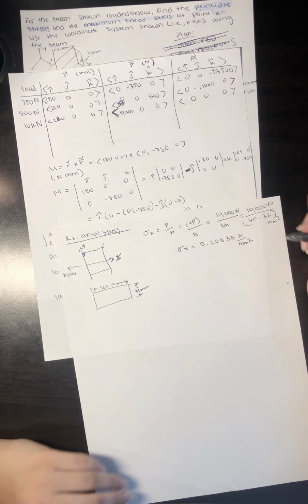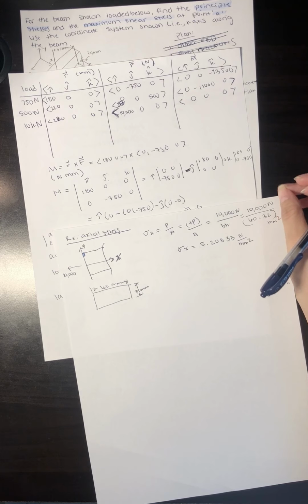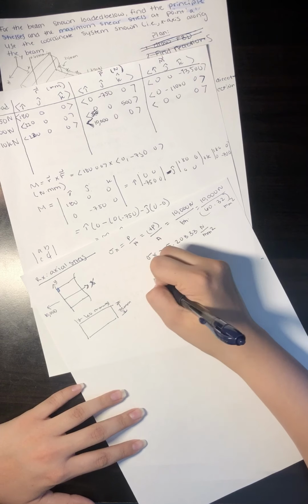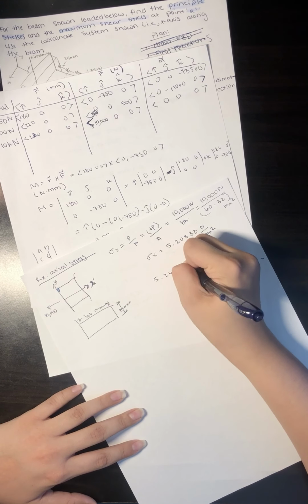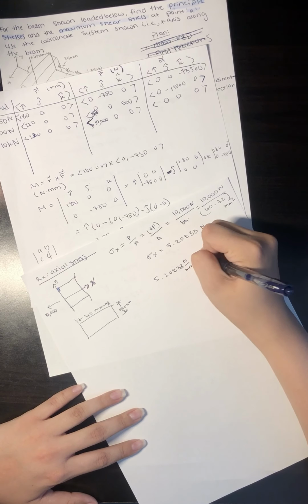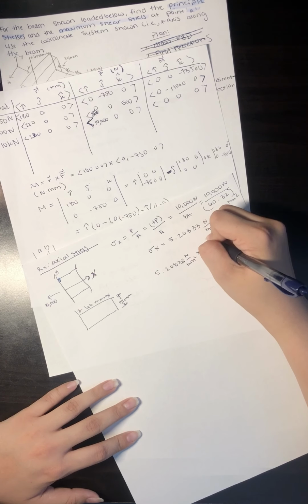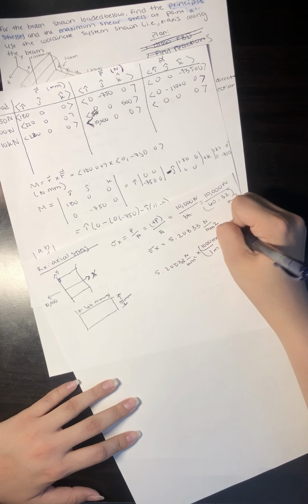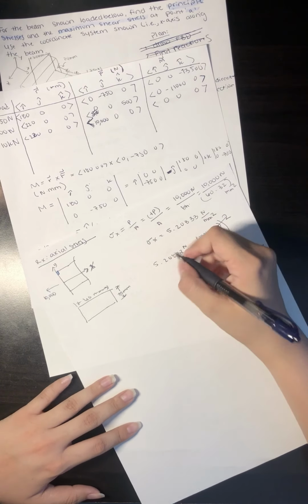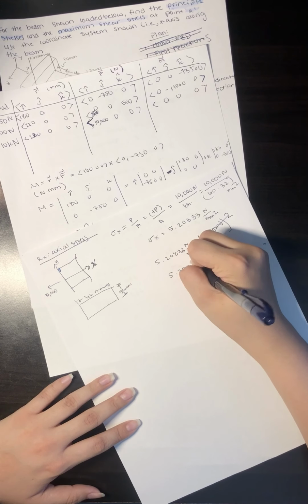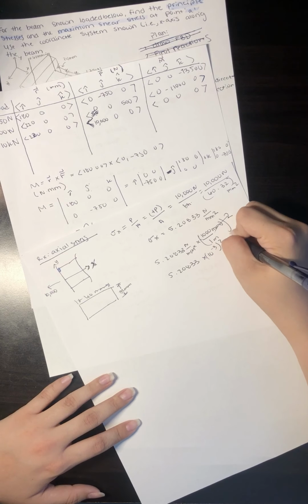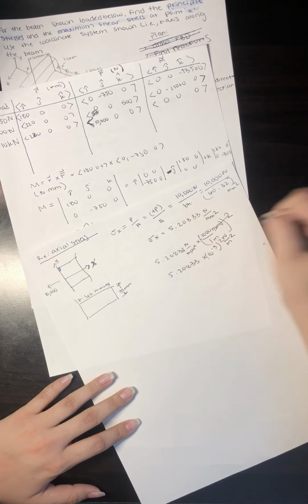Alright, now I'm just going to convert this to newtons per meter squared to give our Pascals just for simplicity. 5.20833 newtons per millimeter squared times 1,000 millimeters over 1 meter, and then this is squared to cancel these out. Here we go. It's going to be 5.20833 times 10 to the negative 3 squared meters squared, newtons per meter squared.